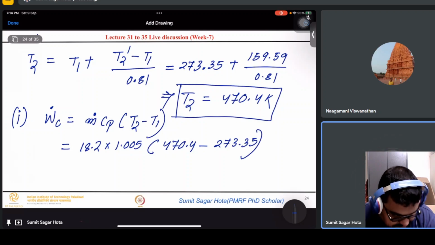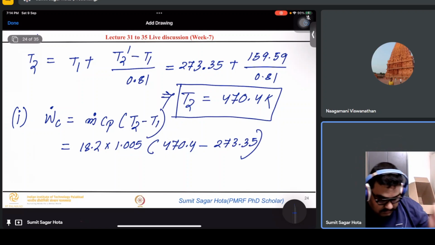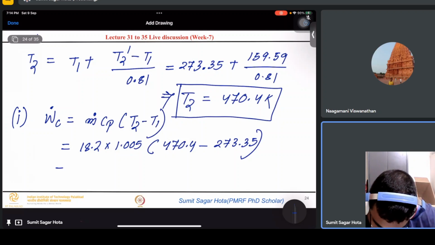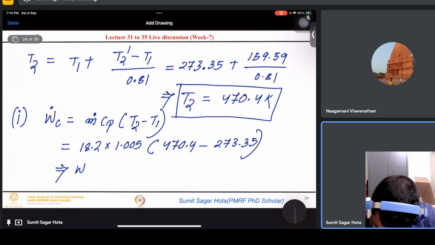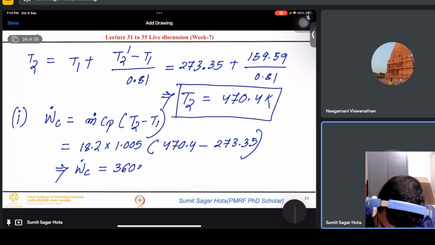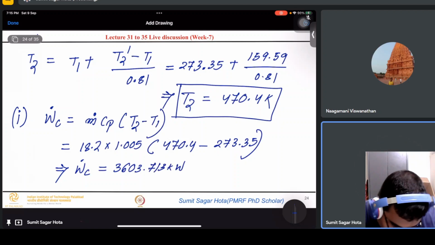Okay, and if you calculate, you get 3603.713 kilowatt.